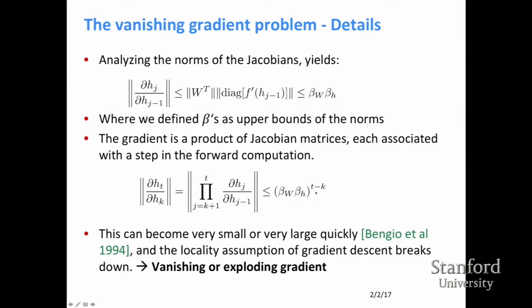And so as the sequence gets longer and longer and t gets larger and larger, it really depends on the value of beta whether this blows up or gets very, very small. You have control over the norm of this matrix: you initialize your weight matrix W with some small random values before you start training.